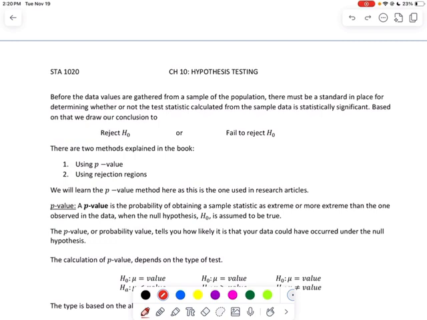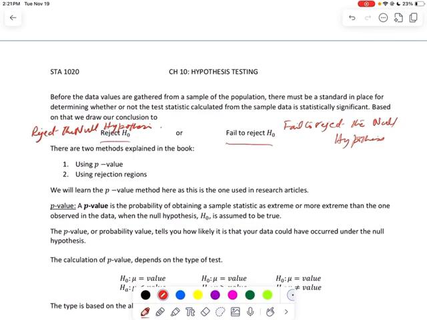You may write it in words: reject the null hypothesis, or fail to reject the null hypothesis.